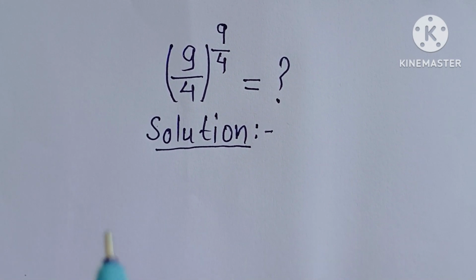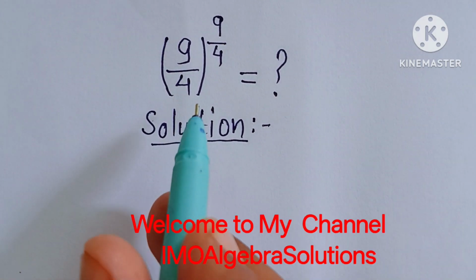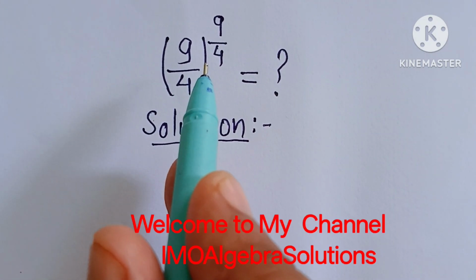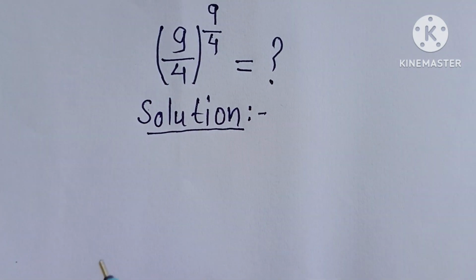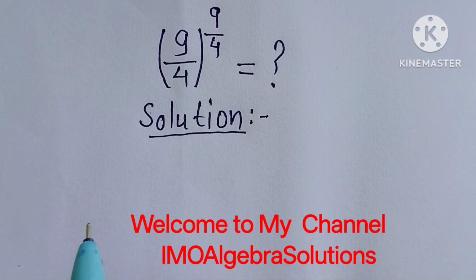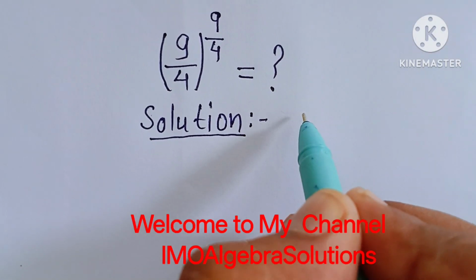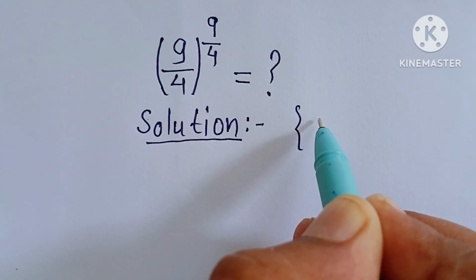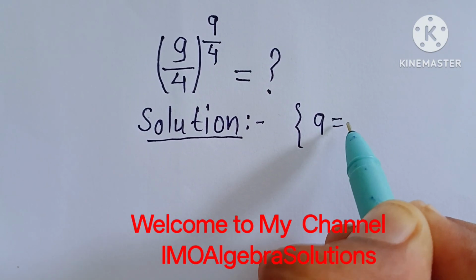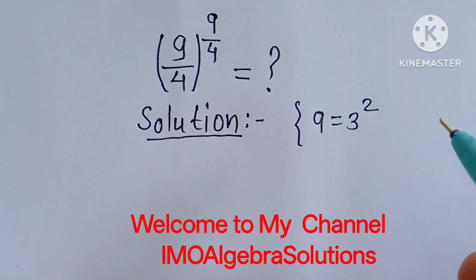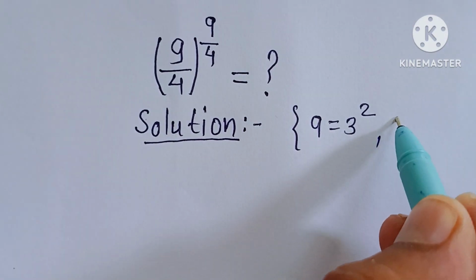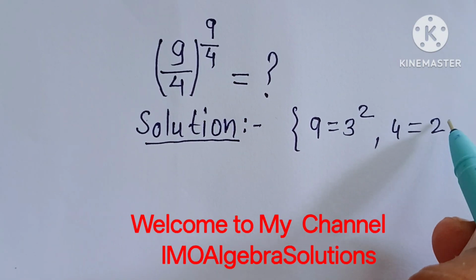We have to see this algebraic problem: (9/4) raised to the power 9/4. So we have to find the value of this one. So let's start. Here 9 is a square of 3, 4 is a square of 2.